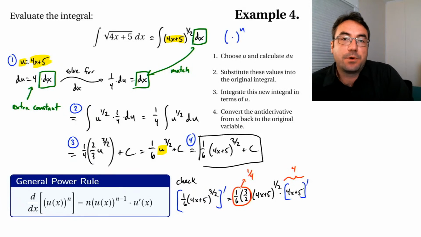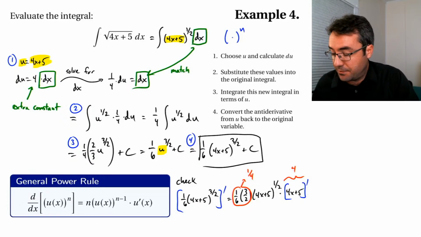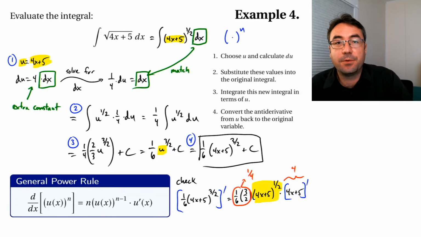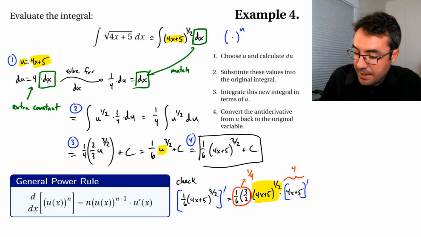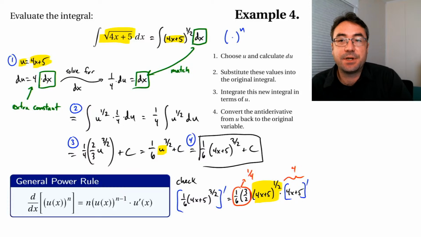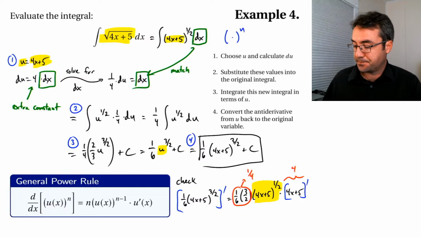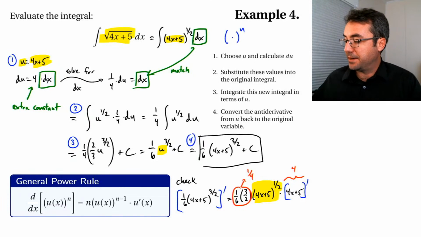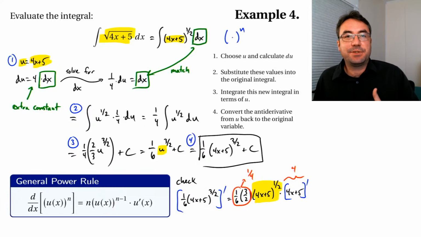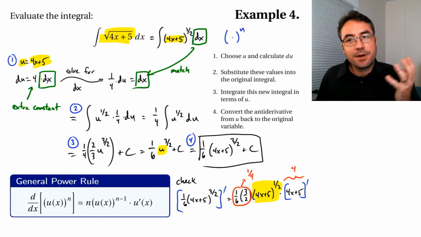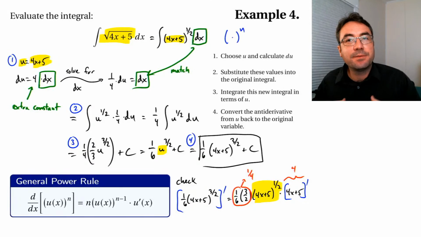So the 1 over 4 and the 4 would just cancel, and we're left with 4x plus 5 raised to the 1/2. And that's exactly the function that we started with trying to integrate. So this does check out. All right. So again, you don't have to check your work always, but if you want to check your work, do the derivative of your answer, and you should go back to where you started.